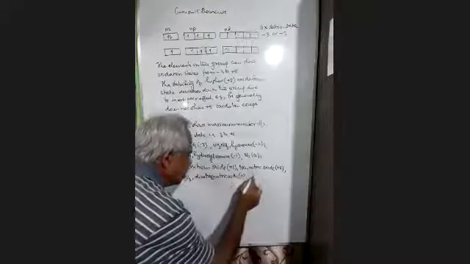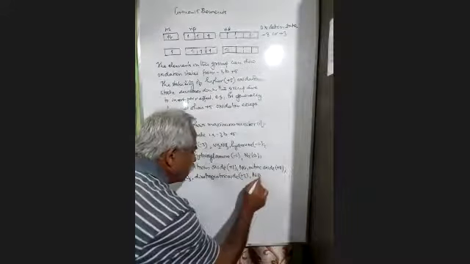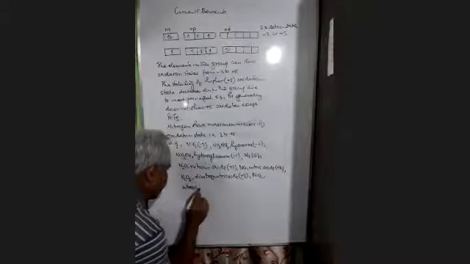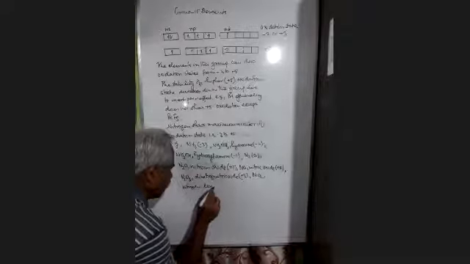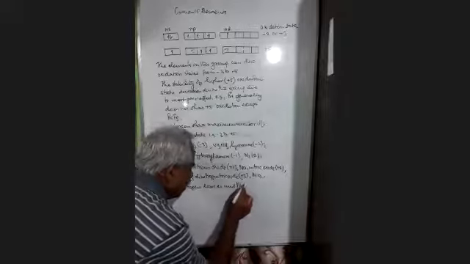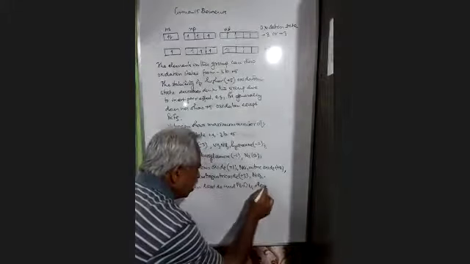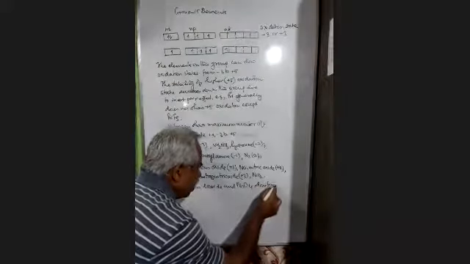Plus 3. NO2. This is called nitrogen dioxide. And N2O4. This is called dinitrogen tetroxide.